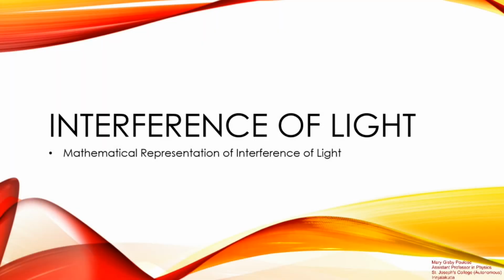Good day, students. Today we shall learn how to study interference of light using mathematical equations. Now, why do we need it? In order to study any phenomenon or any system around us, we first need to describe it.